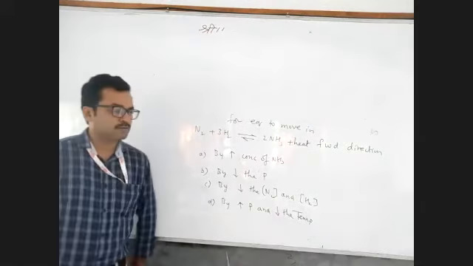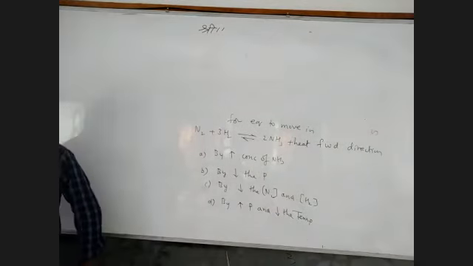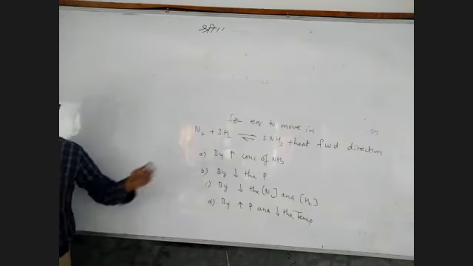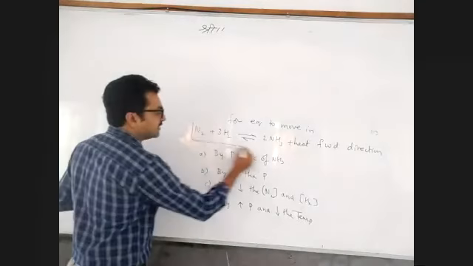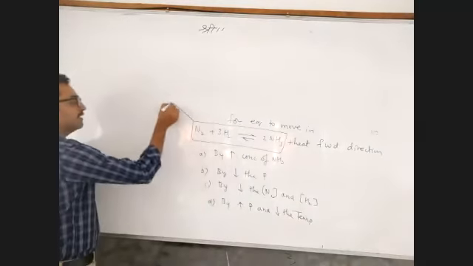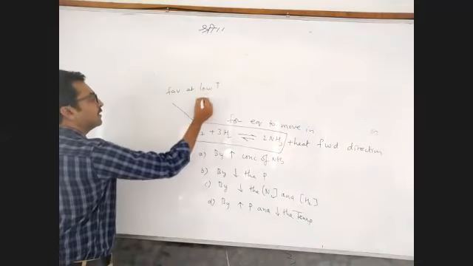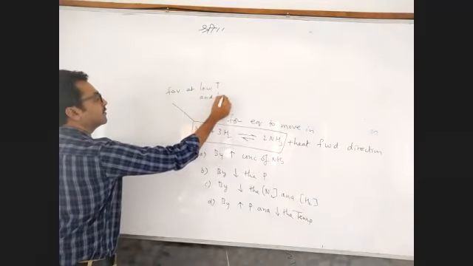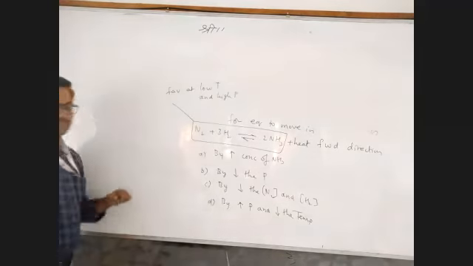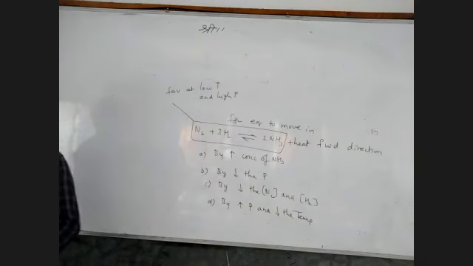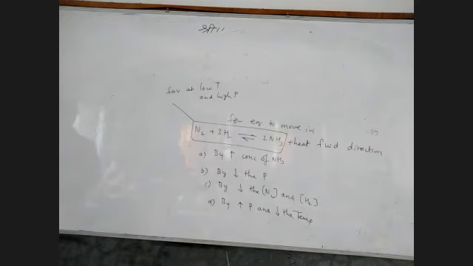For equilibrium to move in the forward direction, so what is needed? So if they give this reaction is favorable at what time? It is favorable at, can anyone say? Low temperature and high pressure. This ammonia formation is favorable at low temperature and high pressure.